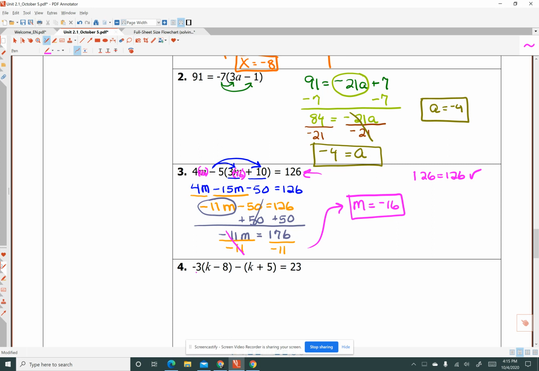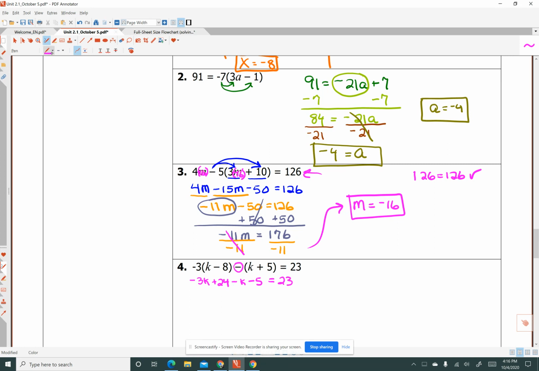So let's get started. Negative 3 times k is negative 3k. Negative 3 times negative 8 is positive 24. Now, as I said before, the effect of this, without any other number to the right of it, will simply change the sign of everything within the parentheses. So that will be negative k minus 5 equals 23.